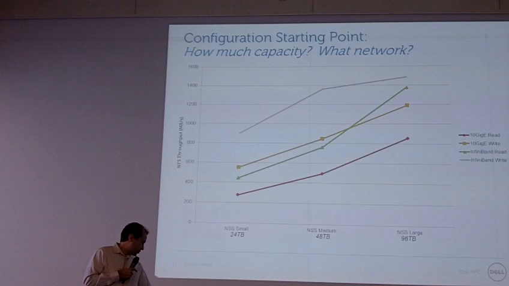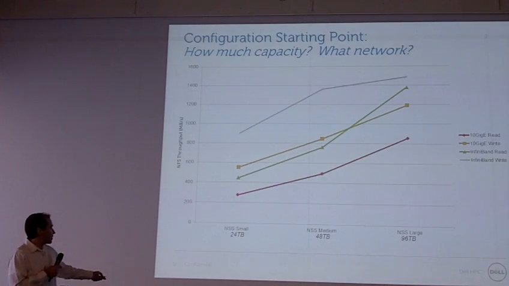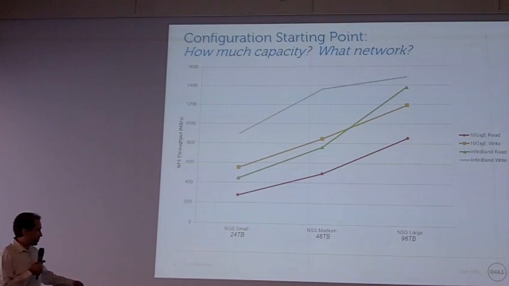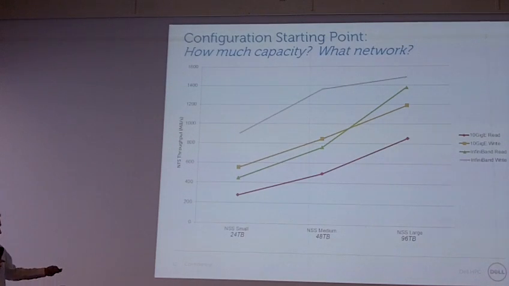So I'm going to go, okay. So these are the 3 configurations that I mentioned, the 24 terabyte, 48 terabyte, and 96 terabyte, and I have more detailed slides describing each configuration. But this slide just gives you a snapshot of the peak performance that we have observed with each configuration.